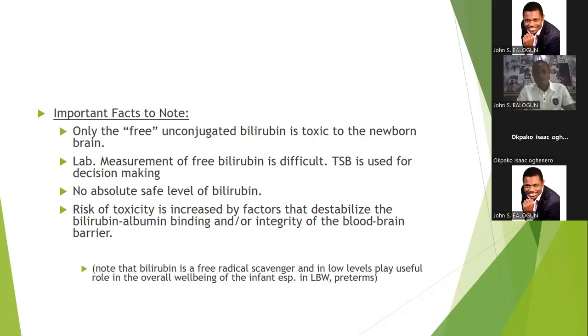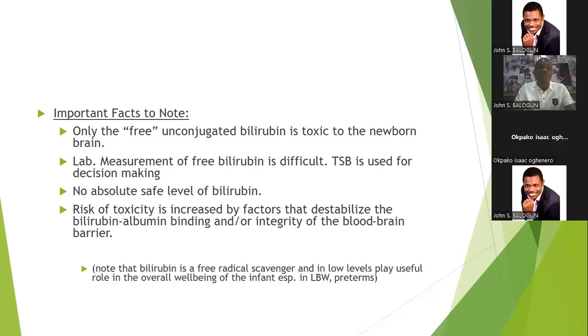But the one that will cause toxicity is the one that is free, unbound to albumin. Most of the time, it is very difficult to measure that free bilirubin. So you are sometimes not sure whether what your machine is detecting is the one bound to albumin or the one free in plasma. You cannot really tell.